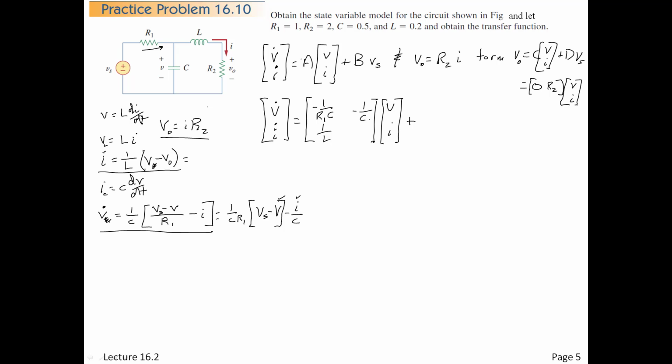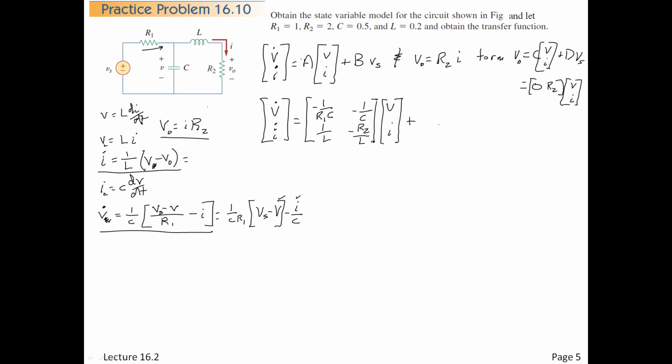R2 times I, right? So it's 1 over L. So that's going to be minus, let's see, V0 is R2I, so it's going to be minus R2 over L. Got to be this.